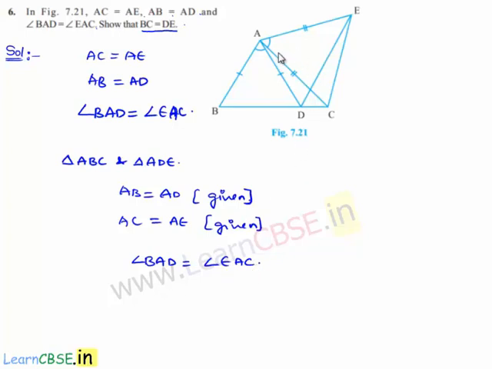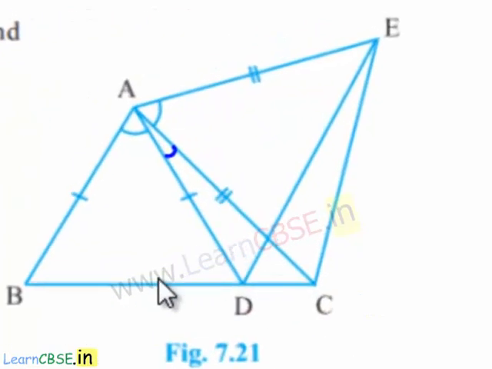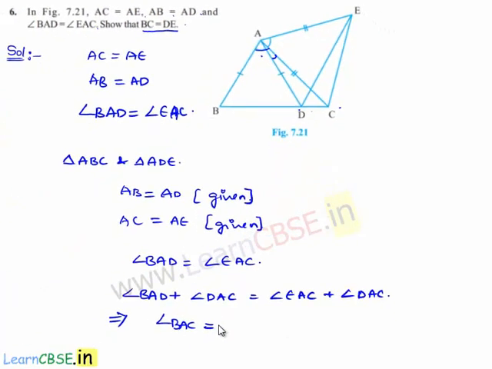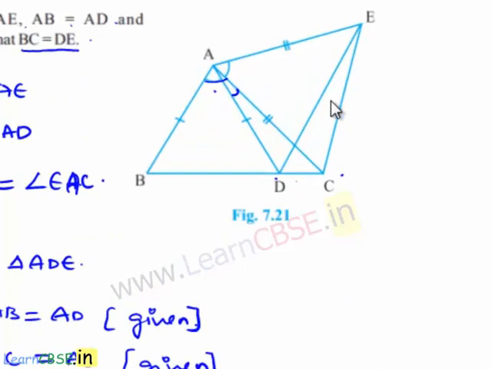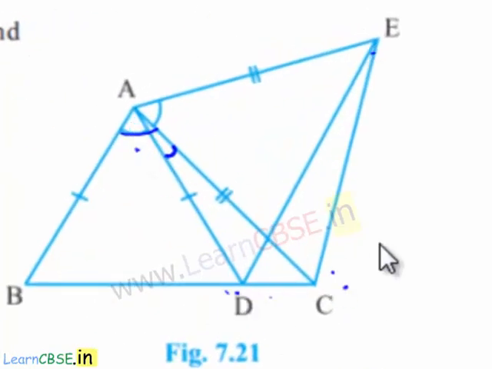Now to this I am going to add angle DAC on both sides, we get angle BAD plus angle DAC is equal to angle BAC, that is equal to angle EAC plus angle DAC will be equal to angle EAD.